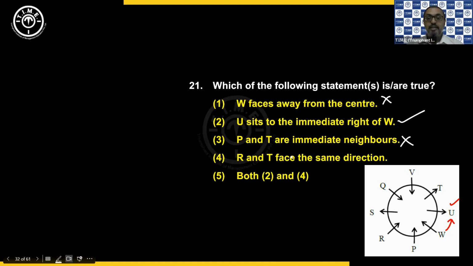I need not check. P and T are immediate neighbors? No, they are not. Now the fourth one, R and T face the same direction. Do R and T face the same direction? No, R is facing the center, whereas T is facing away from the center. So the fourth is also not true. So the fifth cannot be chosen. So the only option you can choose is choice 2.